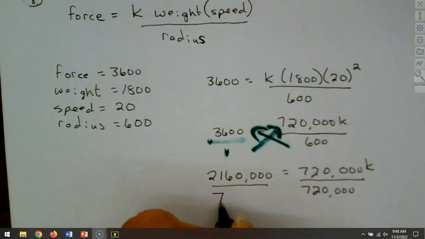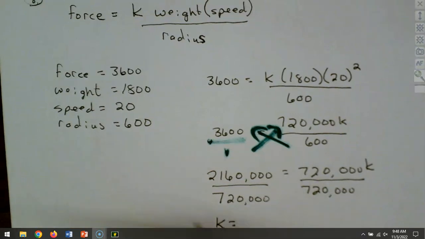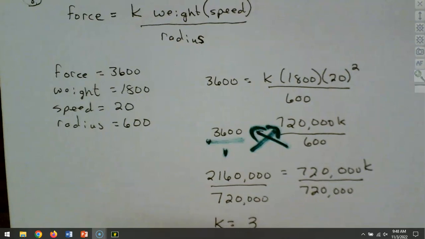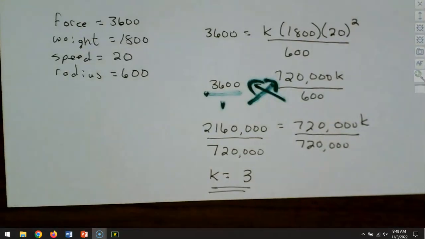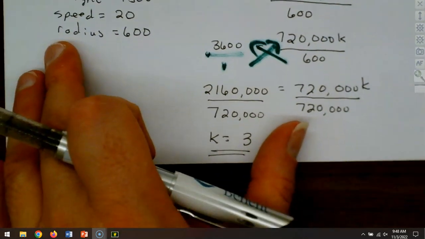And that is going to give us our value of K. In this case, K comes out to be the whole number 3. So for that particular day, K is going to be 3.